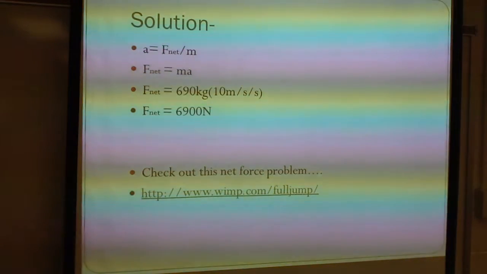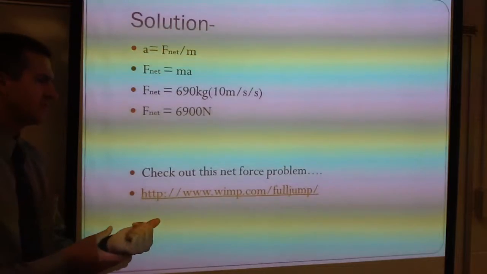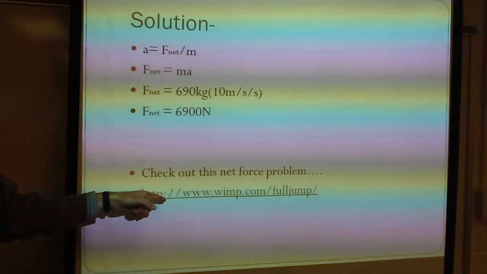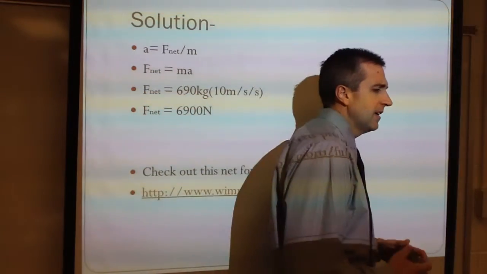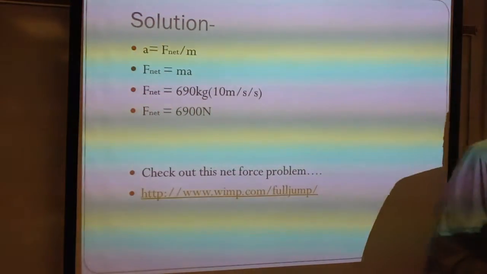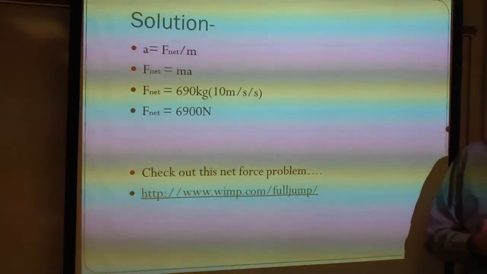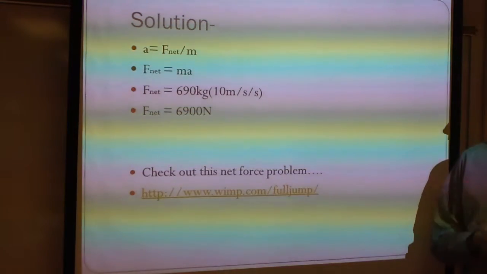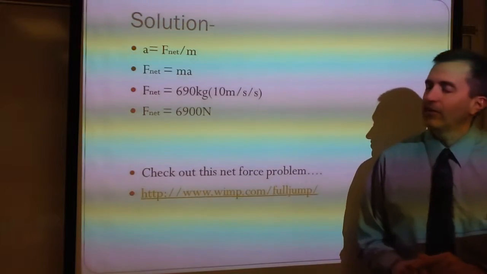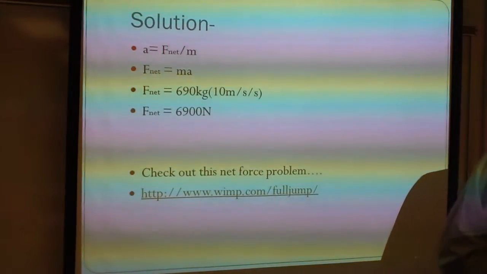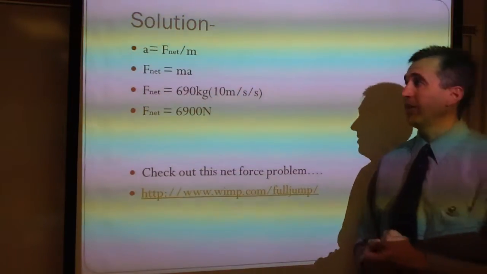Now, at the bottom of this page, this is for the people that are watching the video. If you go to this website right here, on YouTube, there's a video of Felix Baumgartner jumping out of a balloon type of thing from outer space and then falling. It gives you just one more example of Newton's second law. What's the force he was experiencing?